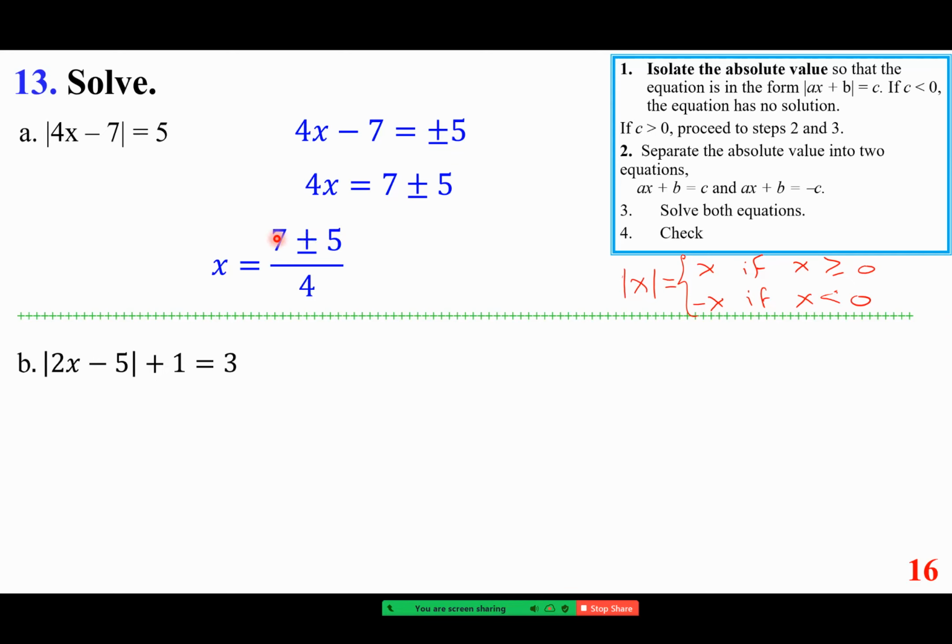When we combine 7 and negative 5, we get 2 over 4, which is 1/2. So I want to make sure we understand what happened here. 7 minus 5 over 4 gives you this number. 7 plus 5 over 4 gives you this number.